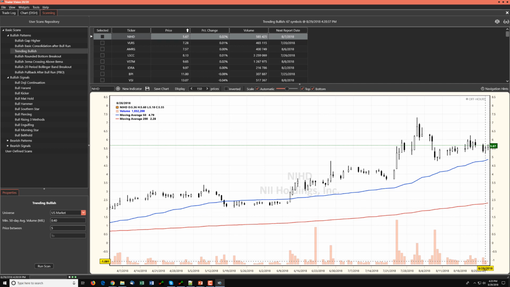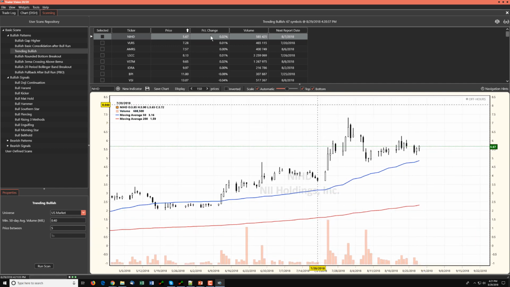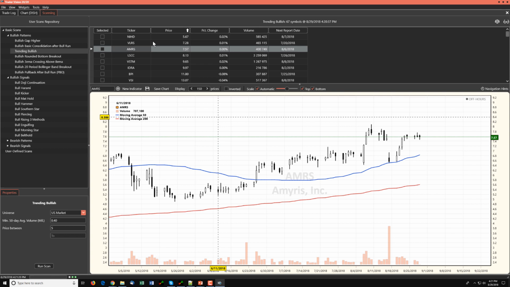I'll just look at them sorted by price here. I like to do it that way. And then you just flip down through them, either using your arrow keys or your mouse scroll button, and look for something that meets your particular trade criteria.